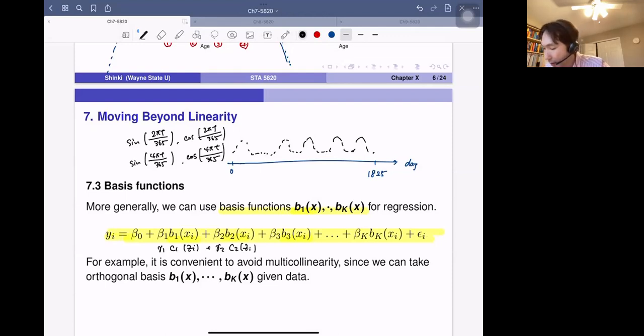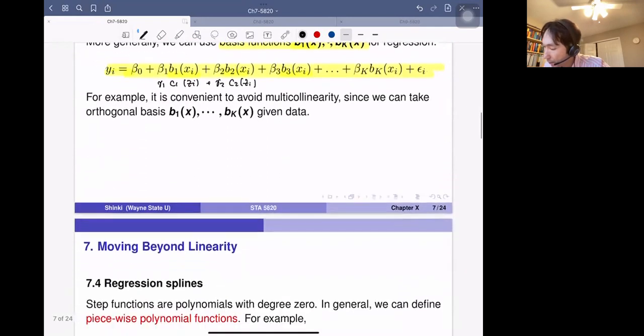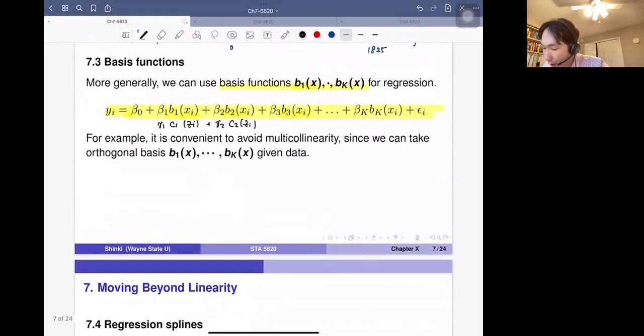But here, basically, we focus on the relationship between y and x. And I think in the last 1 or 2 sections, we consider multiple variables.